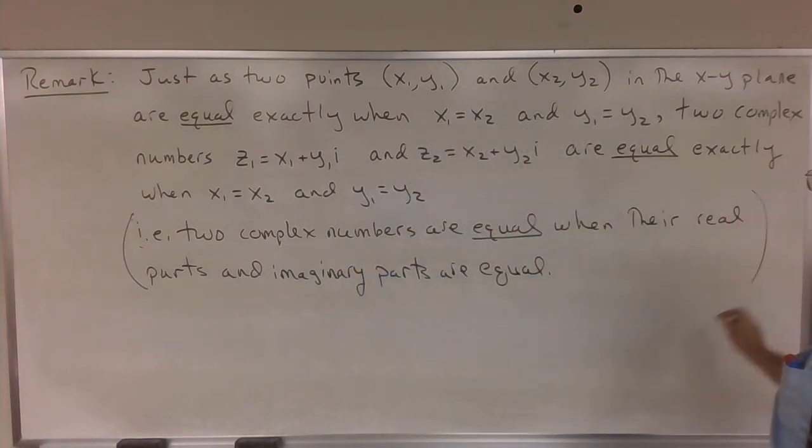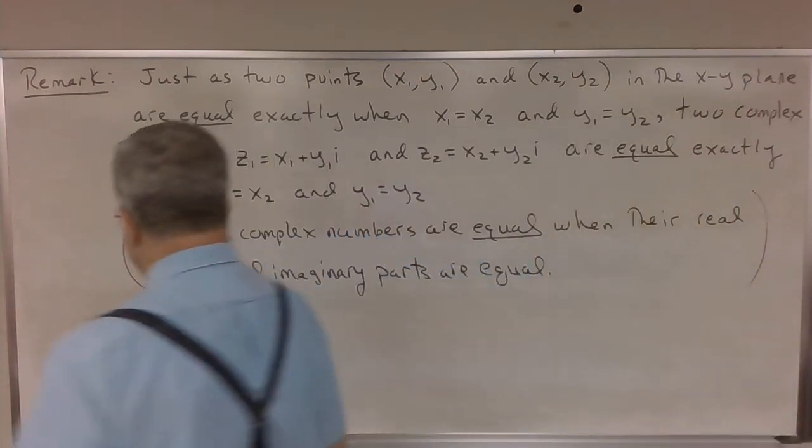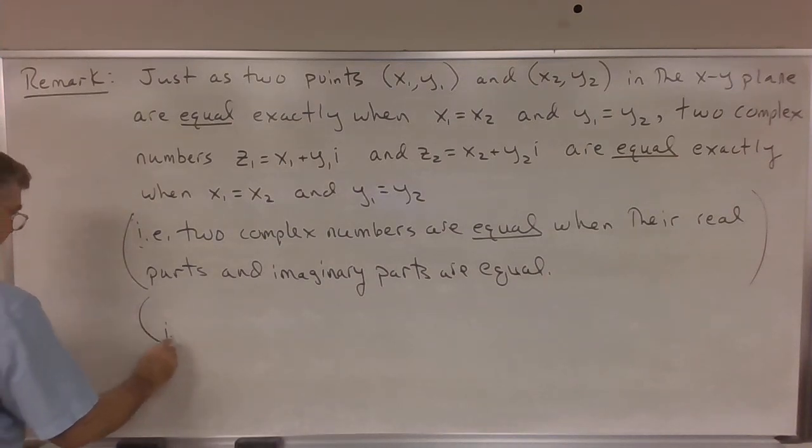So two complex numbers are equal when their real parts and their imaginary parts are equal.